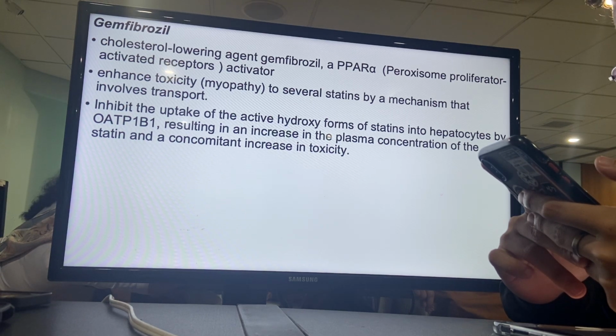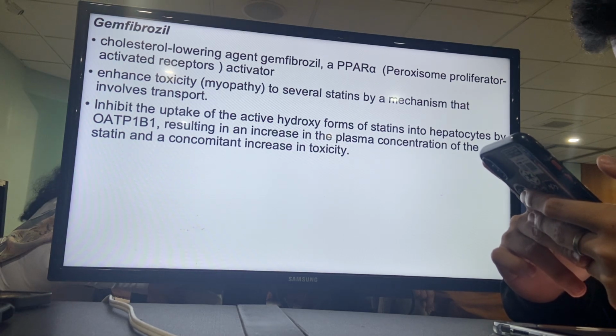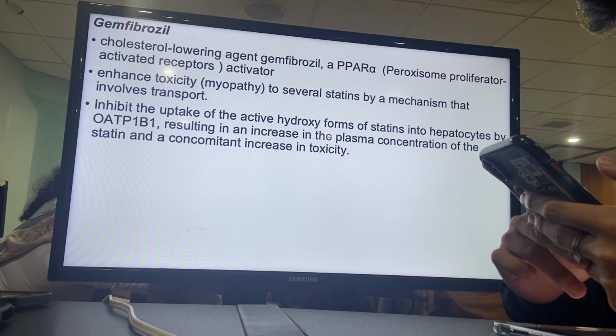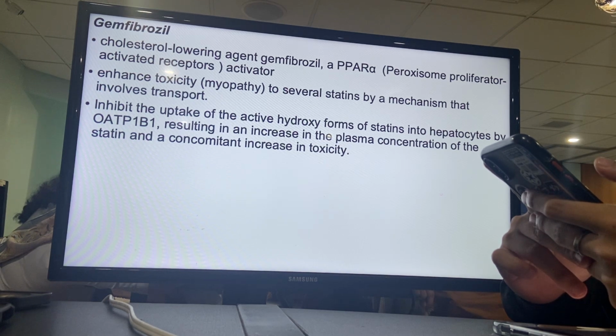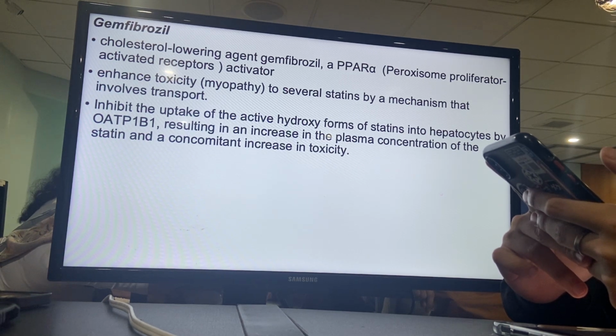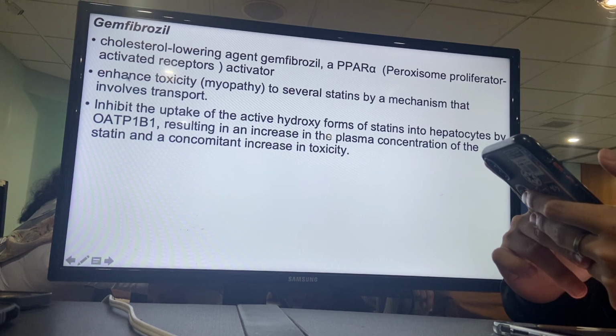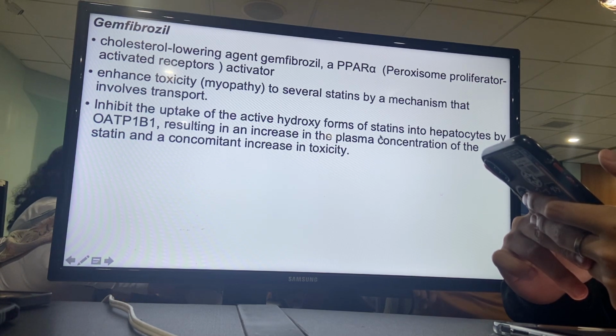Your gemfibrozil. Gemfibrozil is also a cholesterol-lowering agent, but the action is not via HMG-CoA, it's via your peroxisome proliferator activated receptor, PPAR. If you give statin plus gemfibrozil, it enhances the toxicity of your statin because it inhibits the uptake of the hydroxy forms of your statins into the hepatocytes.